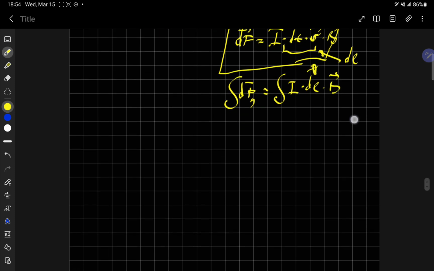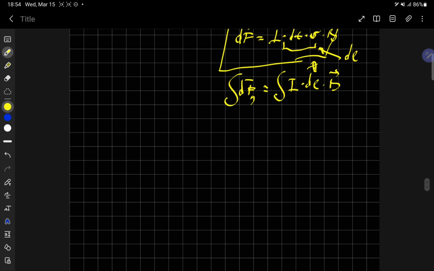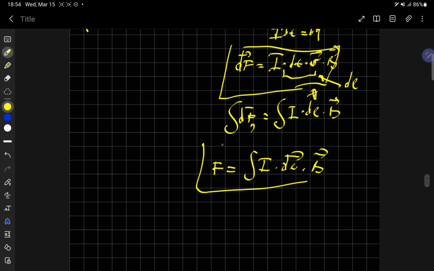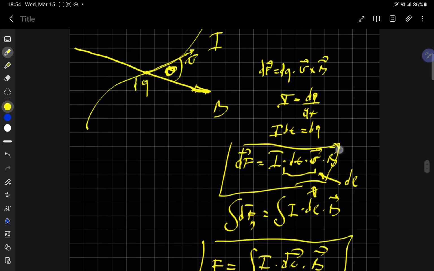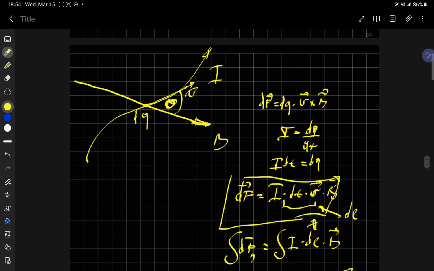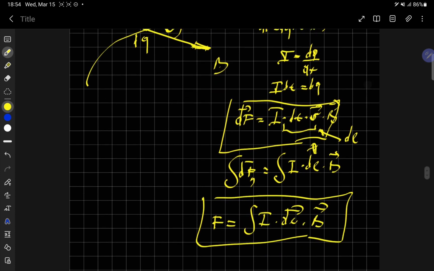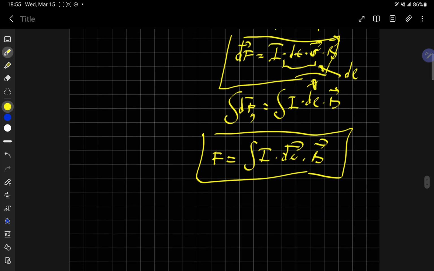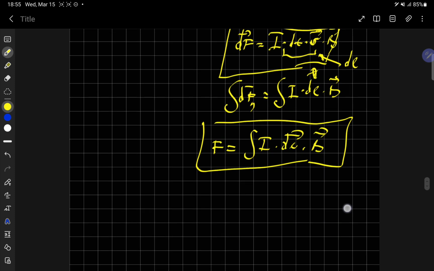So let me write that the force is equal to the integral of current times dl, which is still a vector, cross the magnetic field. This integral can be quite complicated, as I mentioned, because we have to take into account the angle, and this magnetic field maybe is constant, maybe it's not, and it's not easy to evaluate this integral.